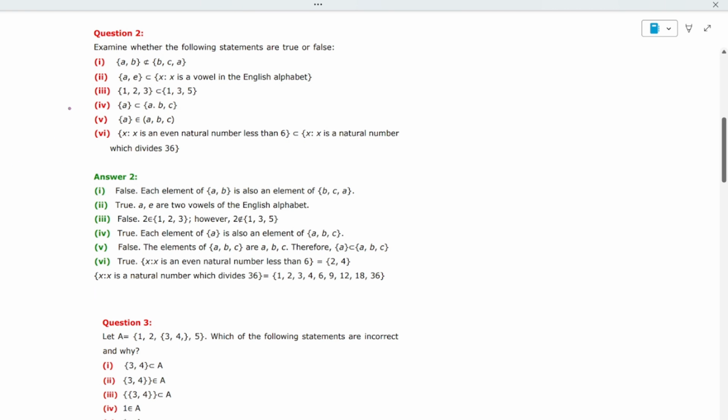Now let's see the second question, where we have to say whether the statement is true or false. A is here, B is here, but C is present here but not present there, so we say that it is false.